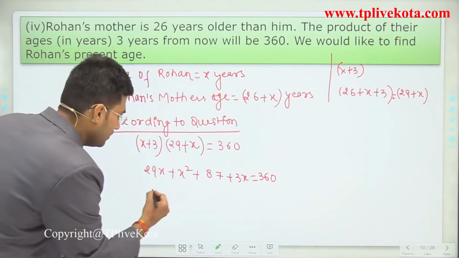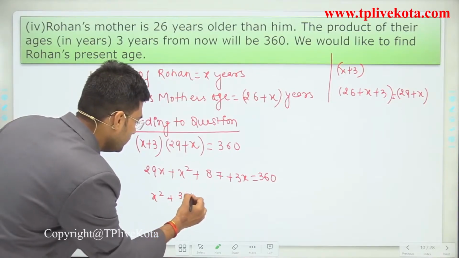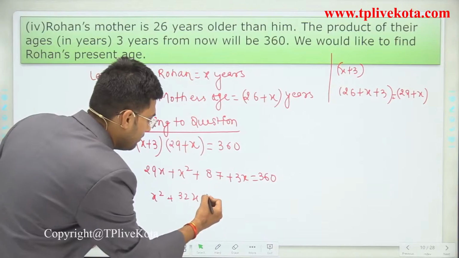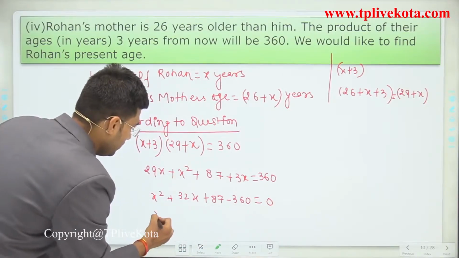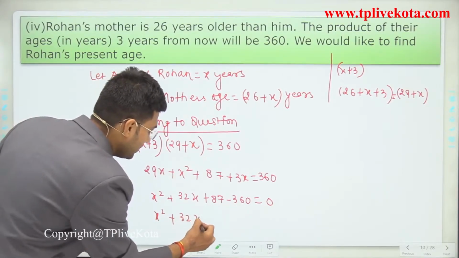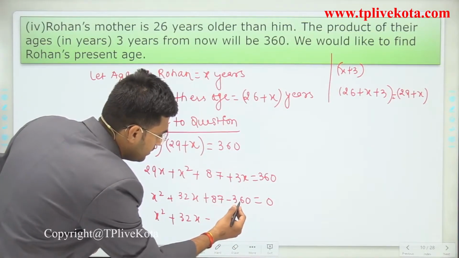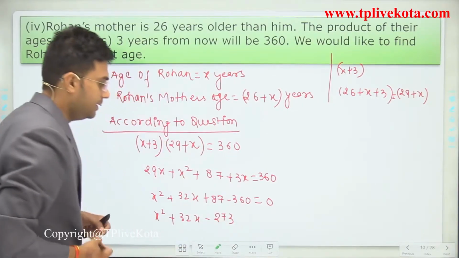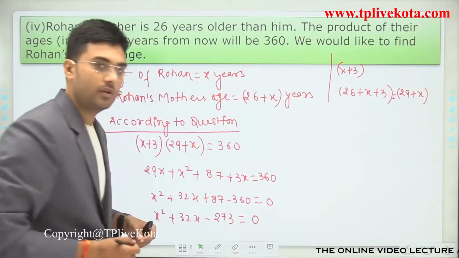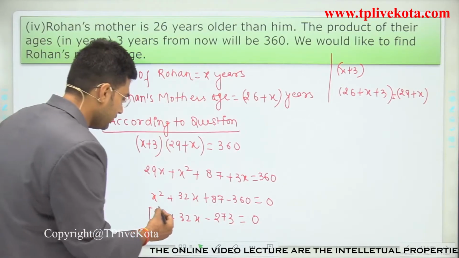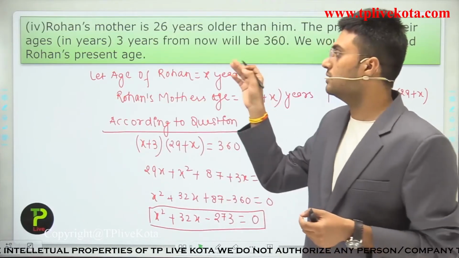Clear? Now it is x square plus 3x plus 29x, which is 32x, plus 87 minus 360 equal to 0. So when we solve this, we will get x square plus 32x minus 273 equal to 0. Clear? So this is the final quadratic equation, the mathematical representation of the given information.